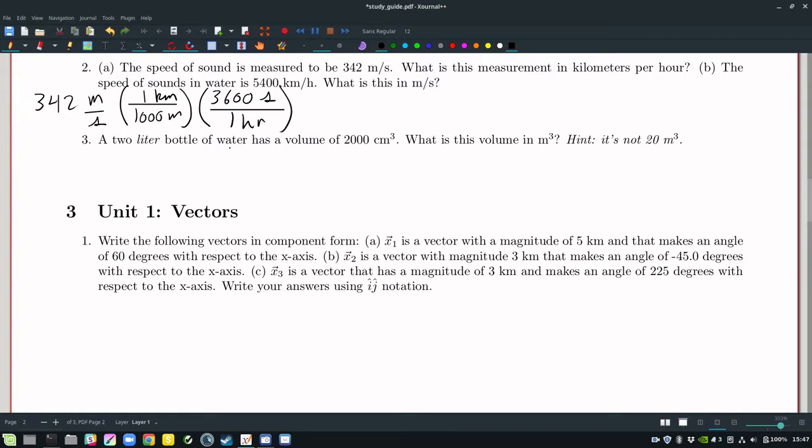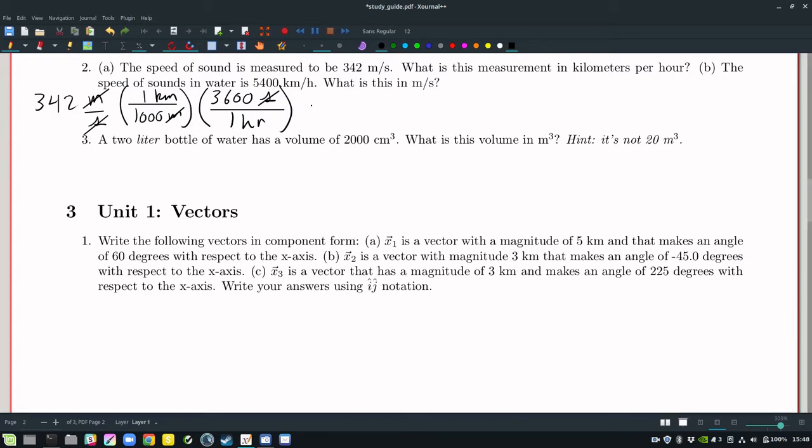Multiplying by these things in parentheses is like multiplying by 1 and then 1 again. But in the process, we're going to get these factors like 1 over 1,000 and 3,600. And the units will cancel accordingly.